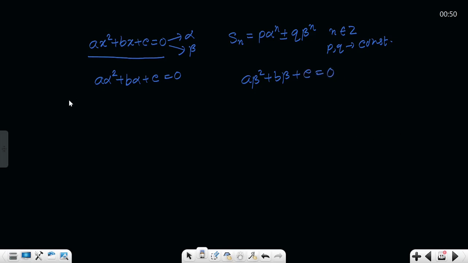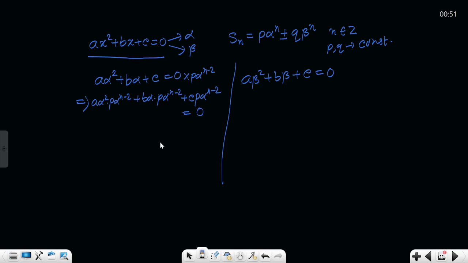Clear? Now we will multiply both sides of this equation by p alpha to the power n minus 2. So we will get a alpha square into p alpha to the power n minus 2, plus b alpha into p alpha to the power n minus 2, plus c into p alpha to the power n minus 2 equal to 0.